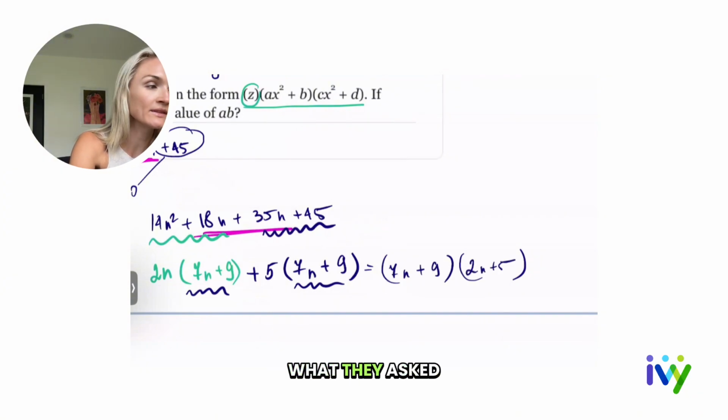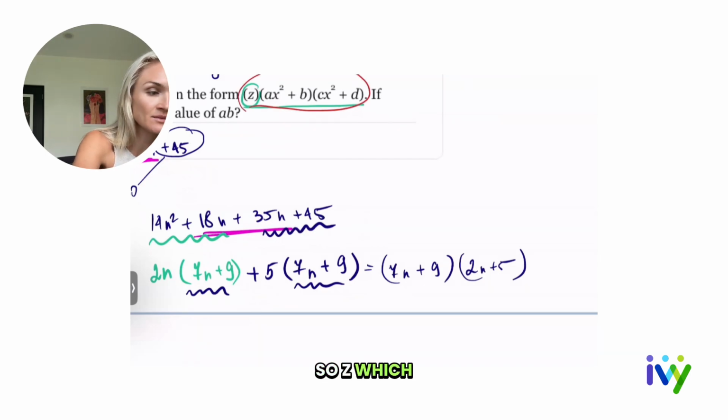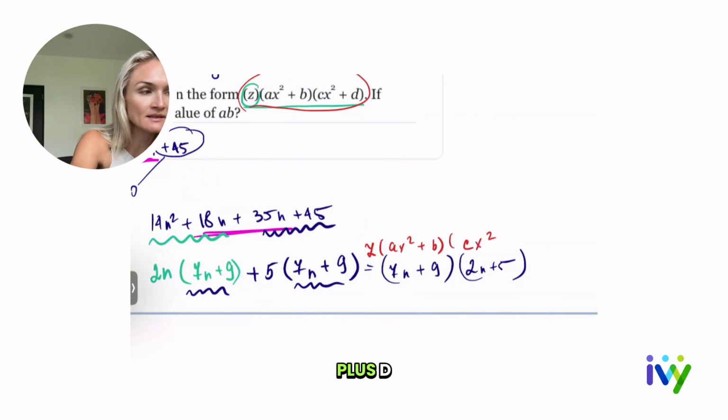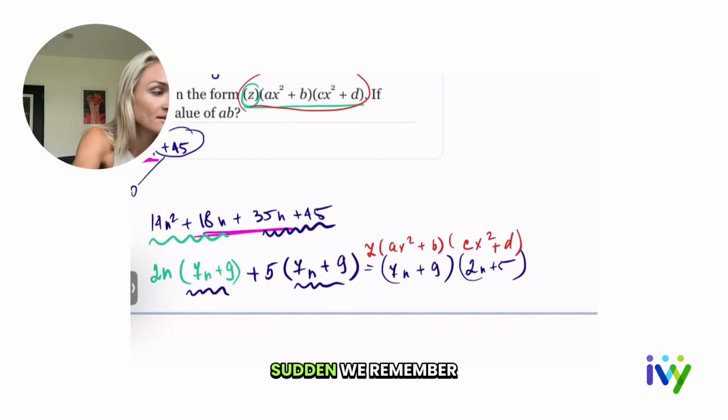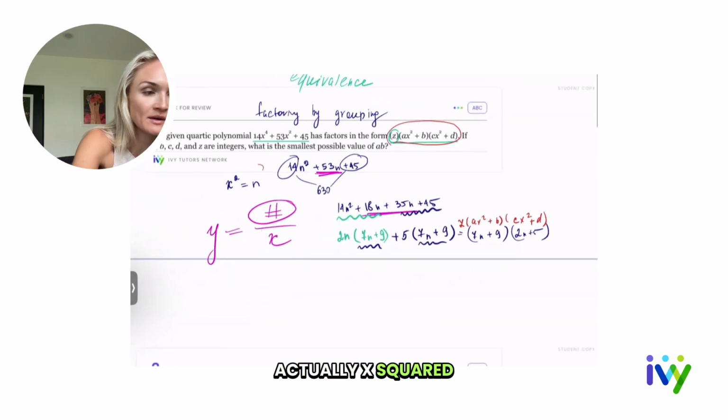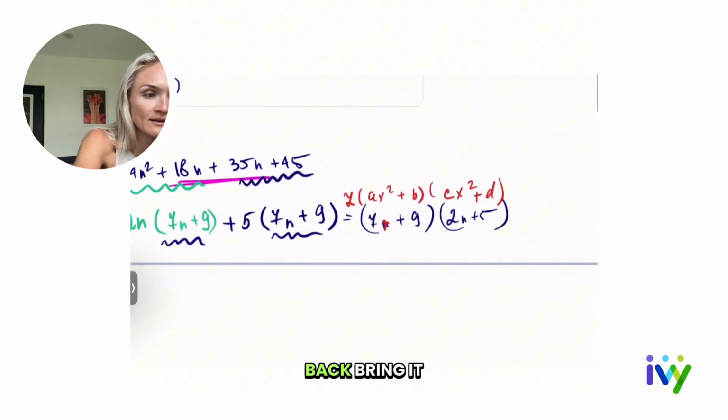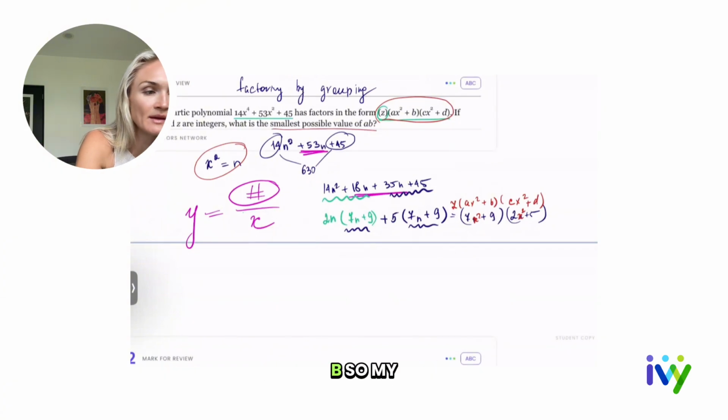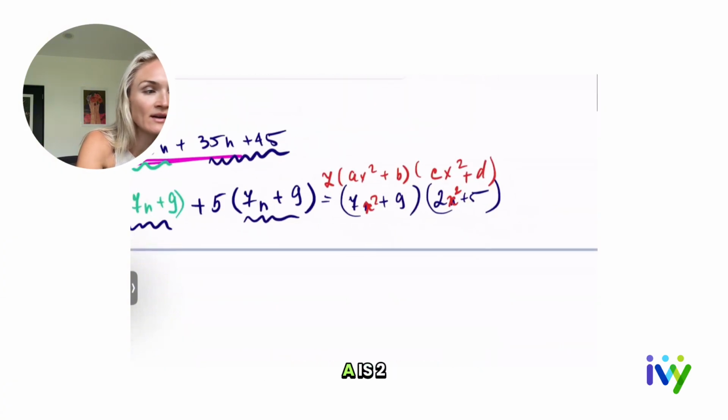Bingo. Now, what they asked us to do is to match this up with this. So z, which is 1, and then ax squared plus b, and then cx squared plus d. Because all of a sudden, we remember, n is actually x squared. Just bring it back. And they asked me for the smallest possible value of AB. So my smallest value of A is 2, and my smallest value of B is 5.